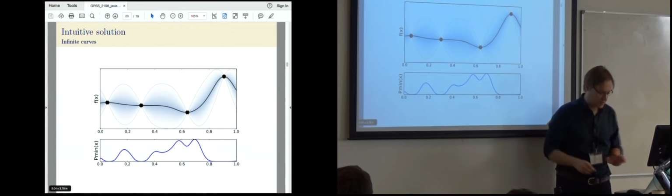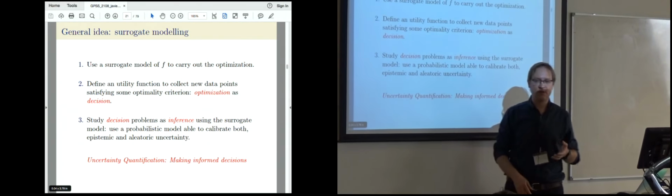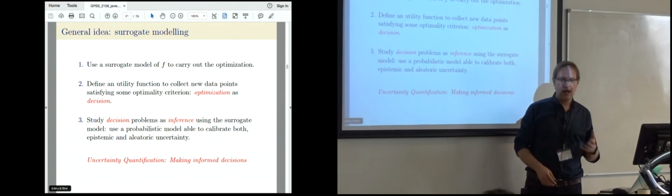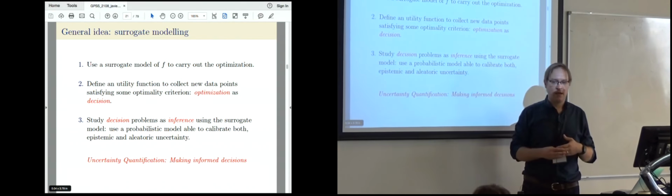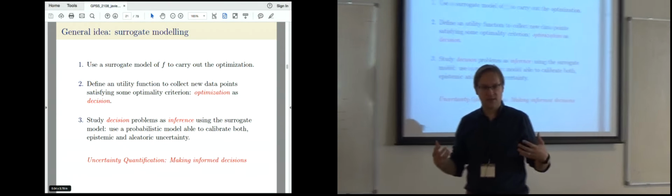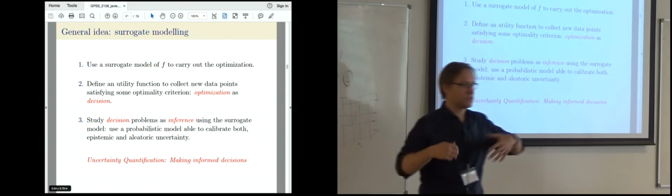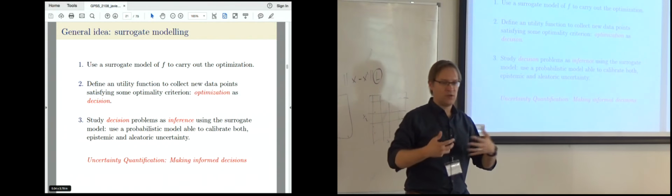No? Okay, good. So the general idea that we are using here is the idea that Rich mentioned in his talk about surrogate modeling and uncertainty quantification. We have an object that can be the result of a simulator, the result of some machine learning model, some very expensive model that we don't have access to.